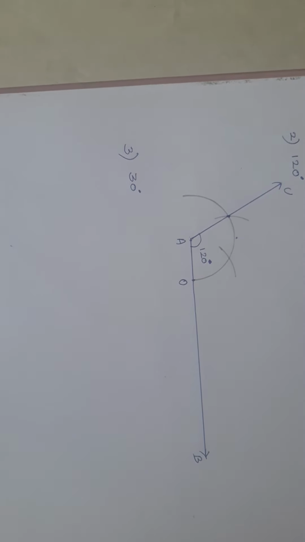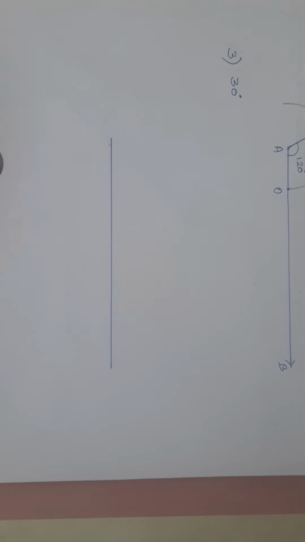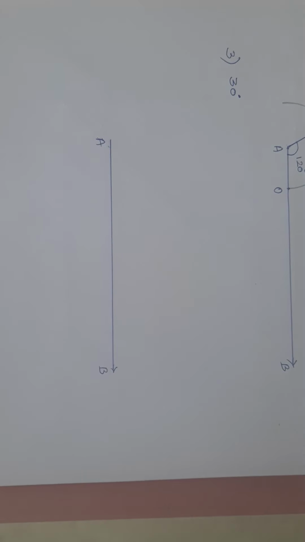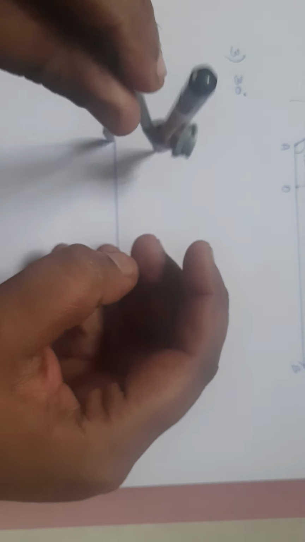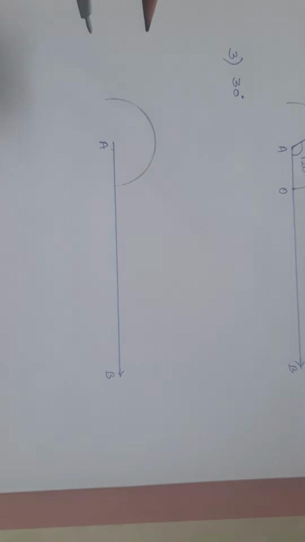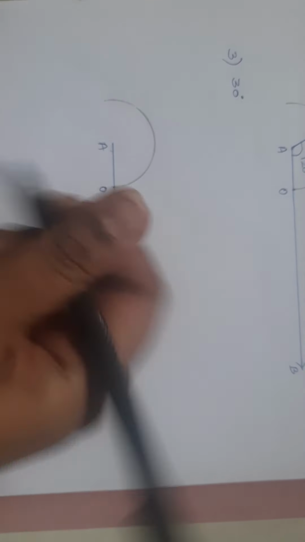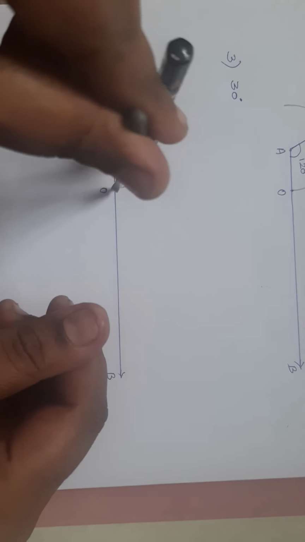Okay, the next is 30 degree. So how to draw 30 degree? Same. First draw AB. Take the needle. Draw one arc. After the arc, mention point O. Keep the needle. 30 degree means half of 60 degree.